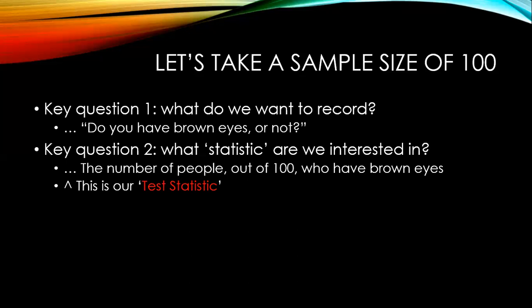But with a hypothesis test where we're interested in the percentage of people who have a certain characteristic, the test statistic will just be the number out of your sample size. So with this hypothesis test, the test statistic is the number of people in your sample who have brown eyes. You don't really need to worry too much about this in A-level maths because you don't use this term much, but just be aware we call this a test statistic.